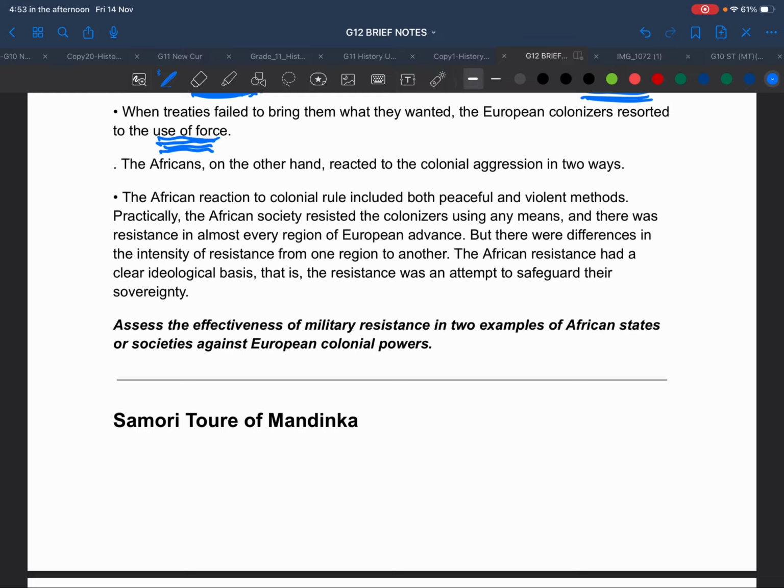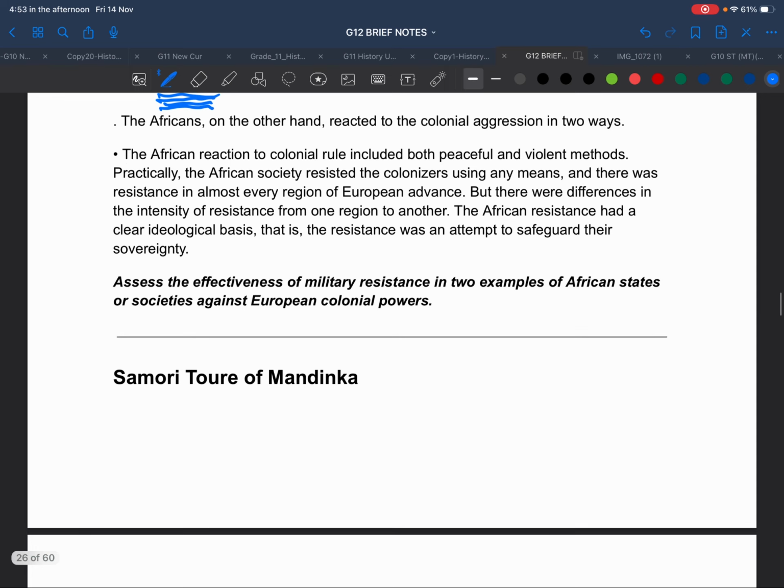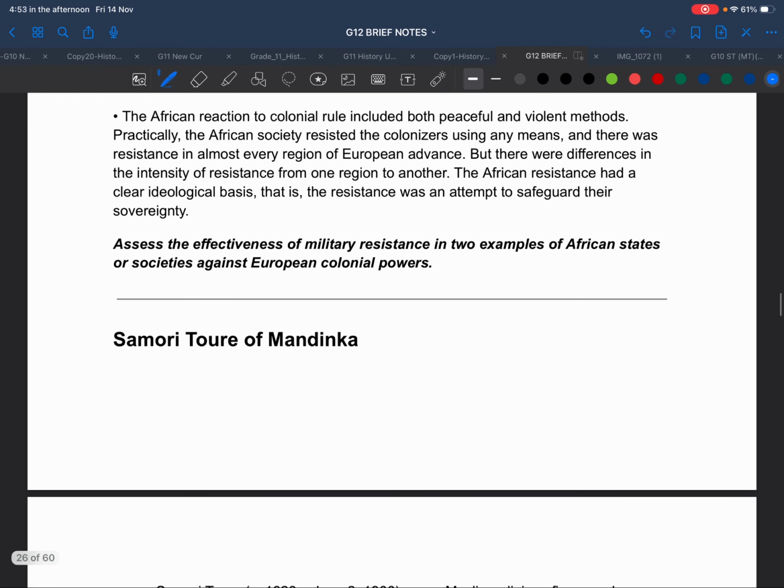The Africans, on the other hand, reacted to the colonial aggression in two ways. The African reaction to colonial rule included both peaceful and violent methods. In some places they never reacted forcibly; rather, in a peaceful method, they expressed their resistance and opposition to colonialism, and partly there were violent methods with armed force.